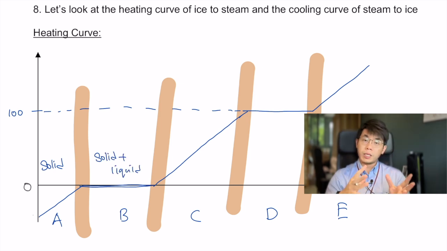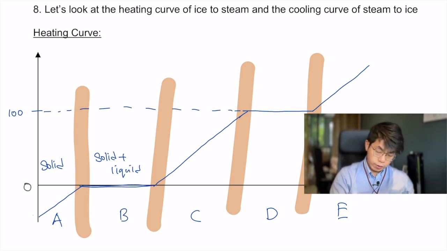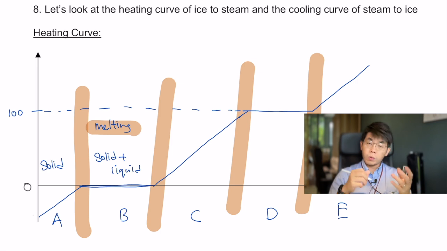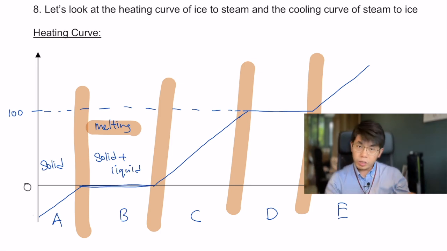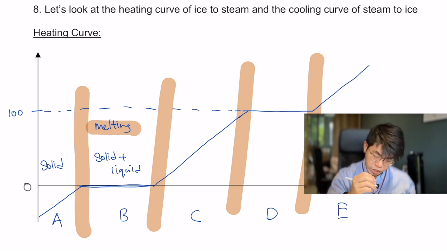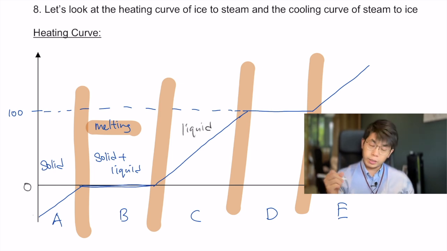So at section B, I have a mix of solid as well as liquid, and this process is melting. The solid keeps decreasing and the liquid keeps increasing until we reach the end of section B, where only liquid is left.